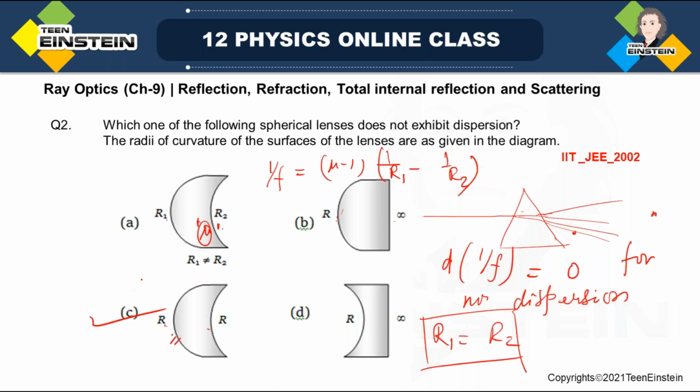The dispersion will be the same in amount, and the direction of the dispersion also has to be opposite to each other. That's how it will not produce any dispersion. Okay, we'll go to the next problem.